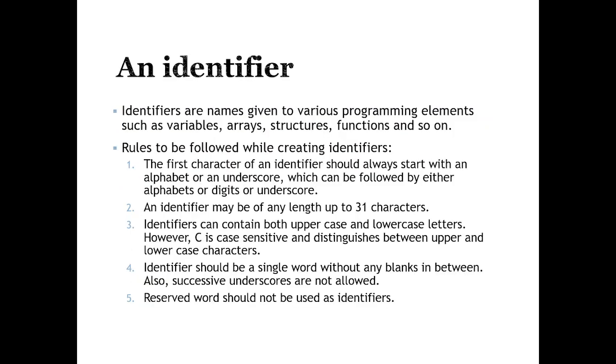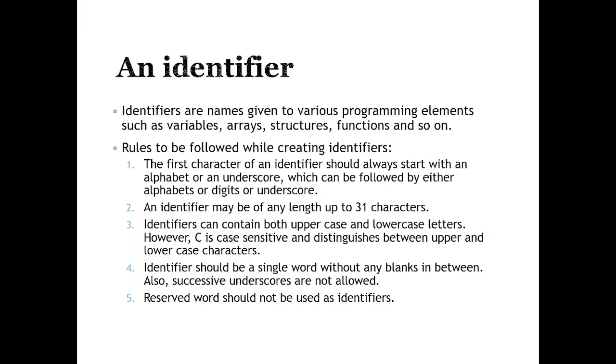So let's start with an identifier. The word itself says an identifier is used to identify something. For example, if I want to identify you, I must know what your name is. If I want to identify this country, I must know the name of this country. If I want to identify this state, I must know the name of this state.